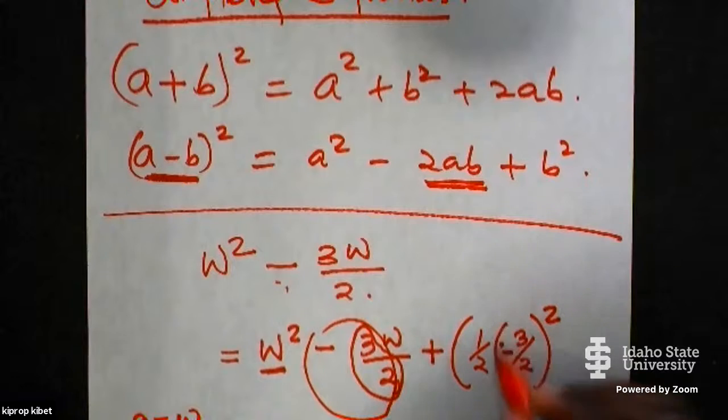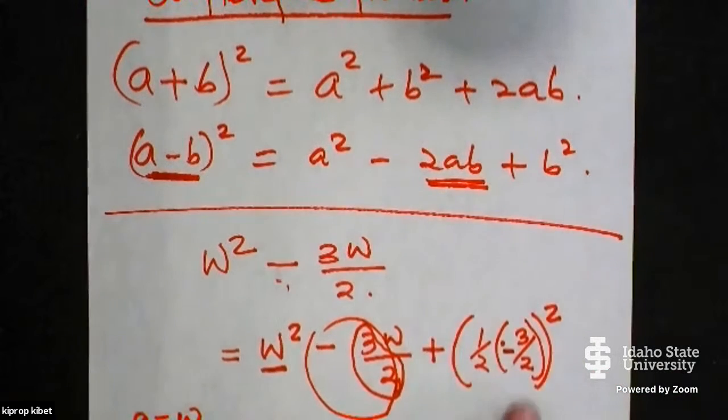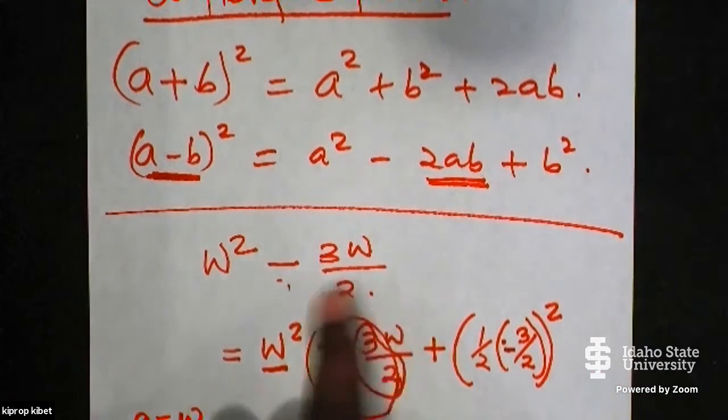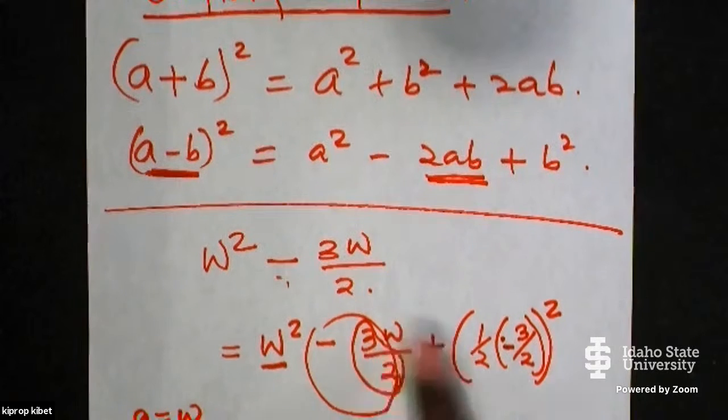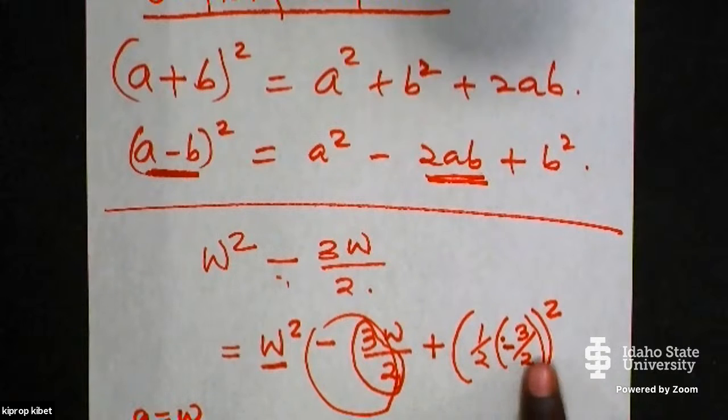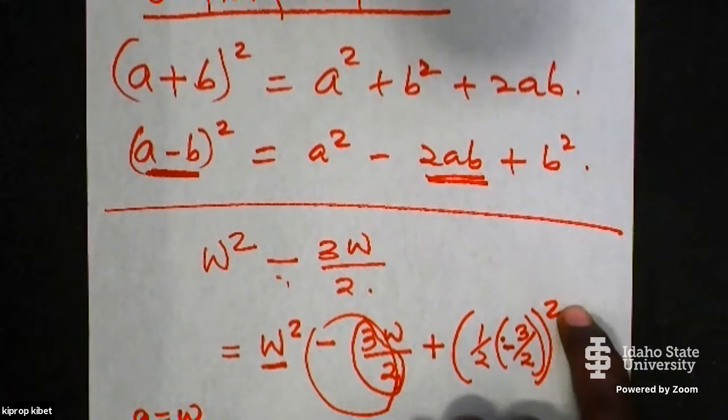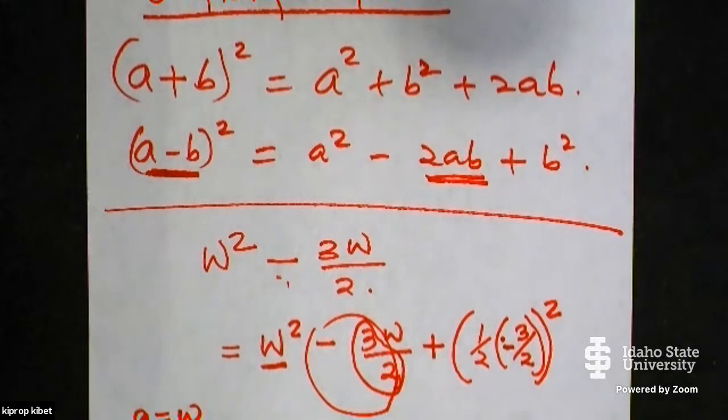So half of the coefficient of this, which is the b, and then you square.